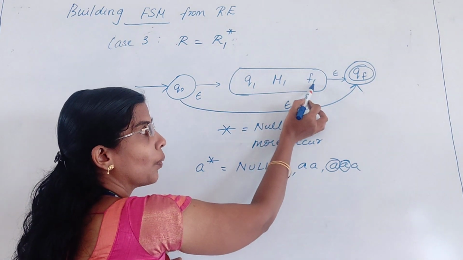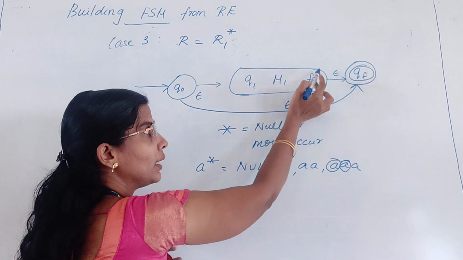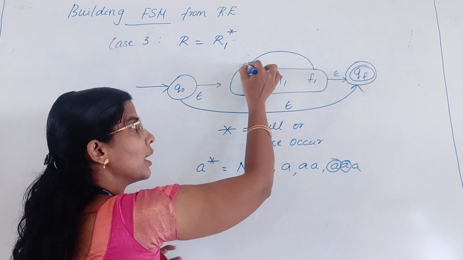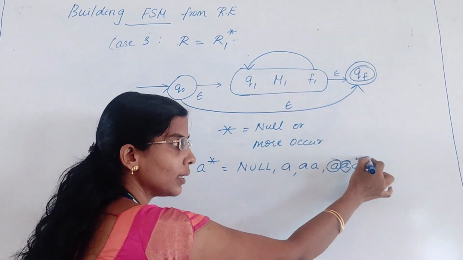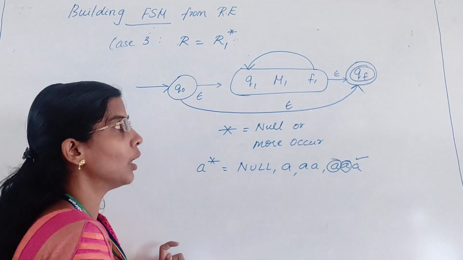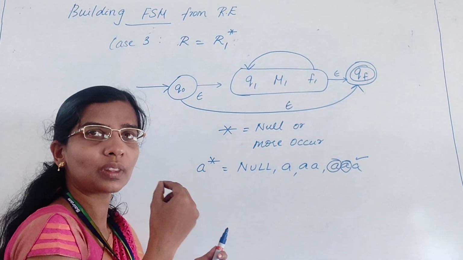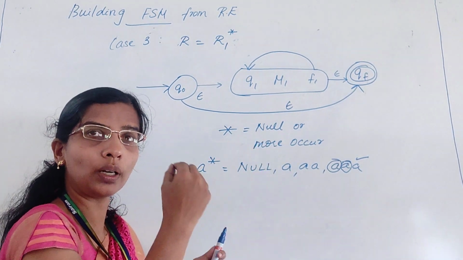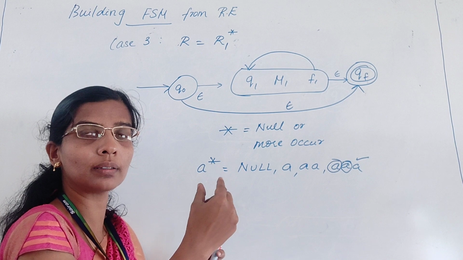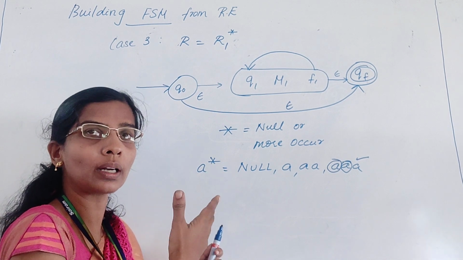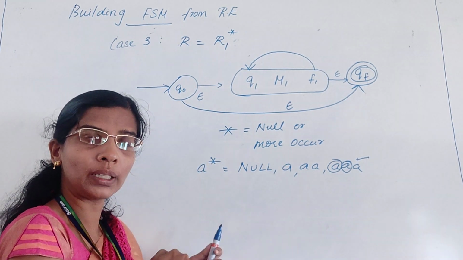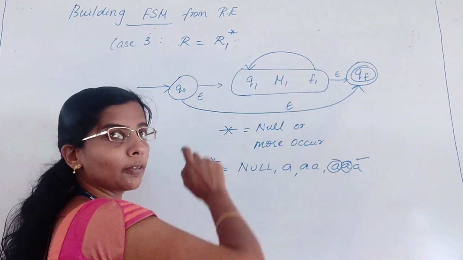Again from the final state, it has to come to your start state to generate the next A. So every time in one iteration, only one symbol will be generated.